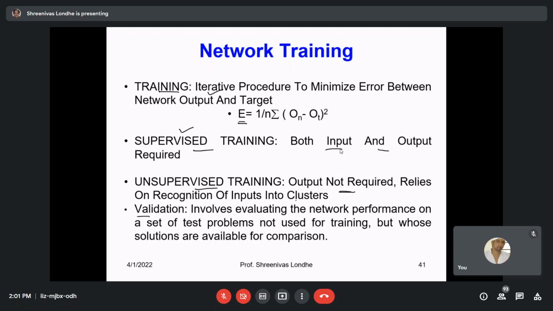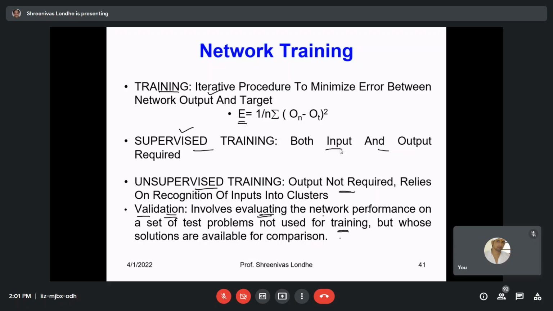Whatever neural network you have developed, it is very necessary to validate it. It involves evaluating the network performance on a set of test problems not used for the training. That means our training data set should be different, the validation data set should be different, and the testing data set should be different.